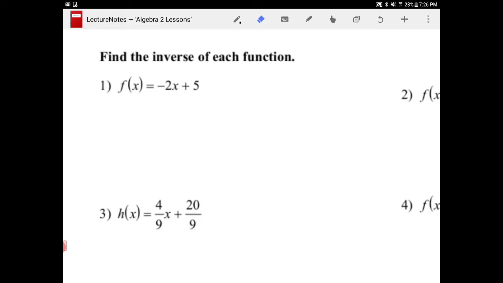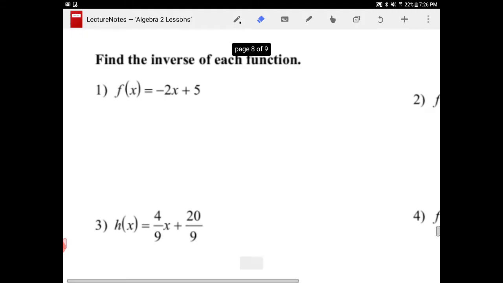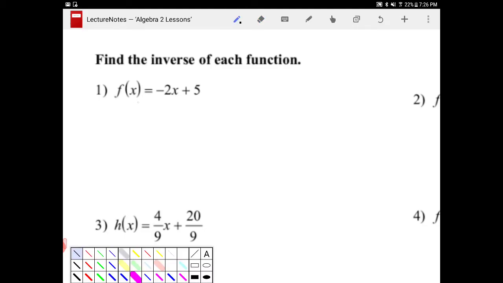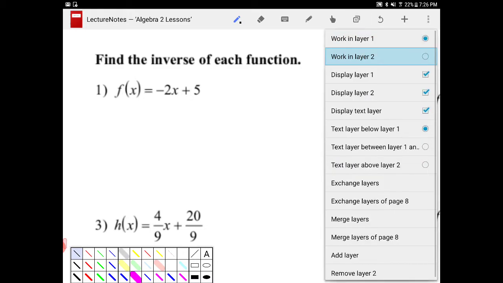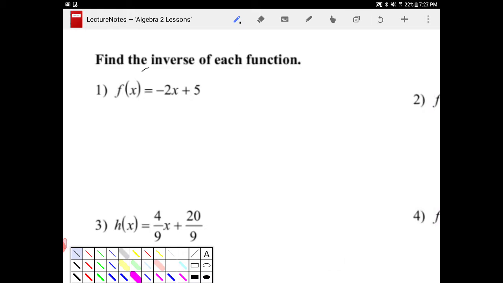So in order for us to find the inverse function, there is a set of steps that we're going to take. Right now I have f of x is equal to negative x plus 5. This x right here is the input, just like before.